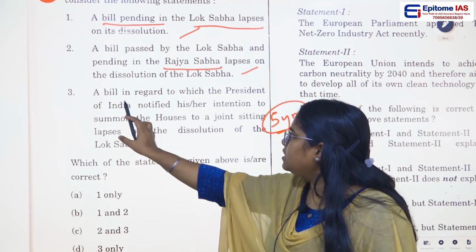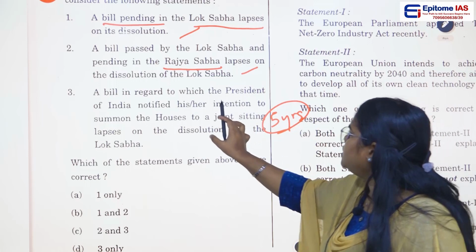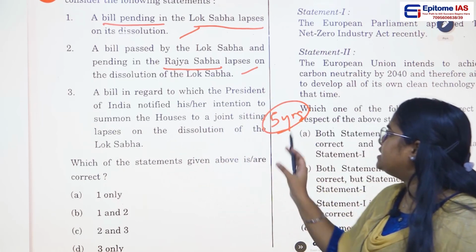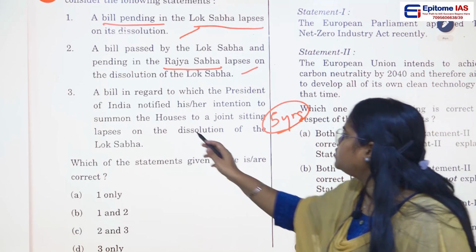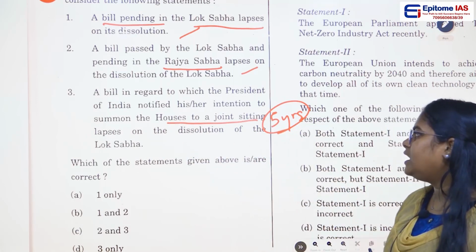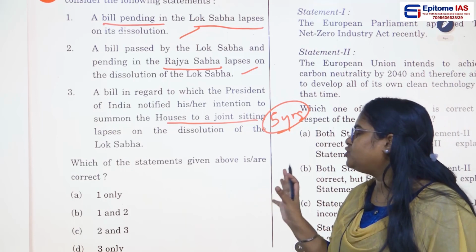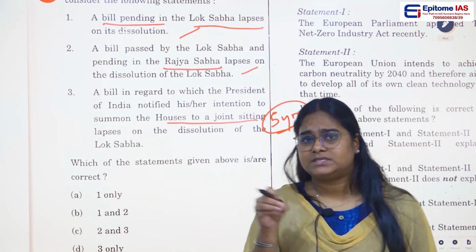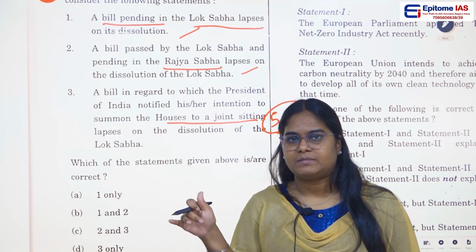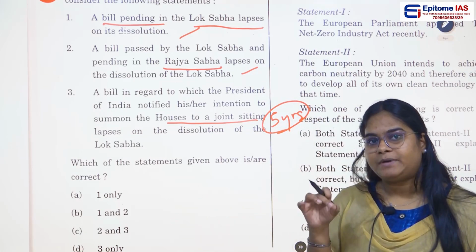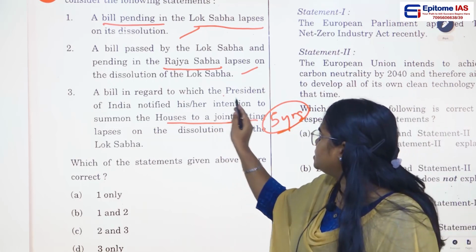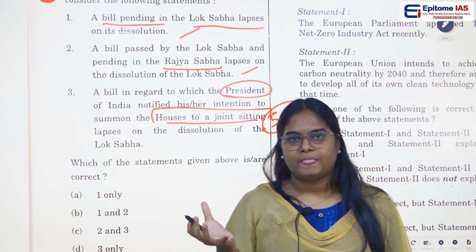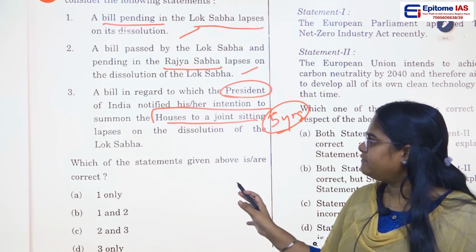Then statement 3, a bill in regard to which the President of India has notified his or her intention to summon the houses for a joint sitting lapses on the dissolution of Lok Sabha. So they are saying that when there is a disagreement between the Lok Sabha and the Rajya Sabha regarding a bill, and the President summons both houses for a joint sitting, that bill will lapse.